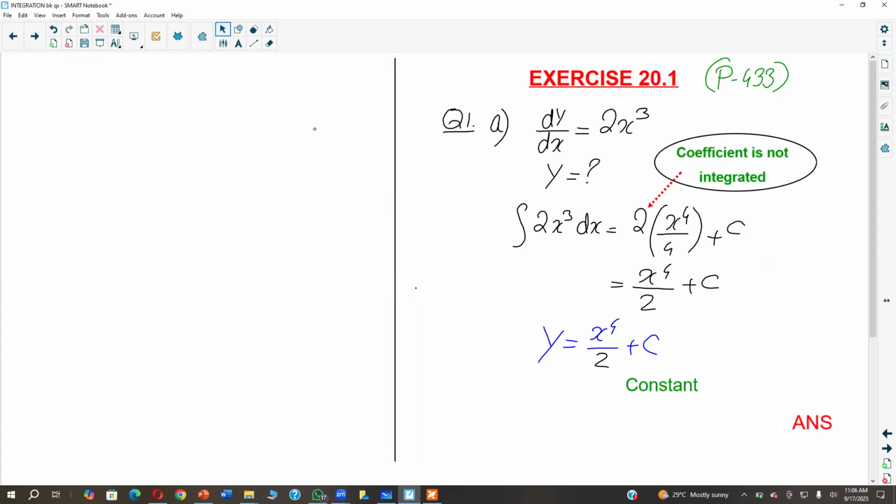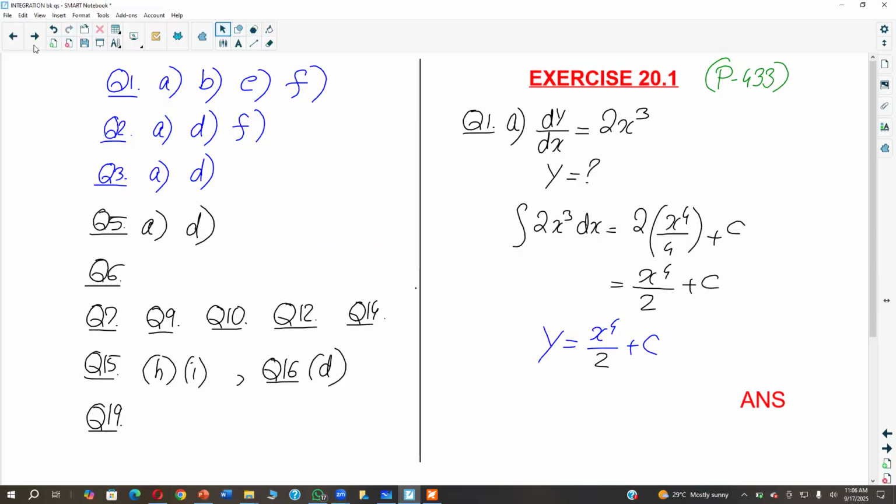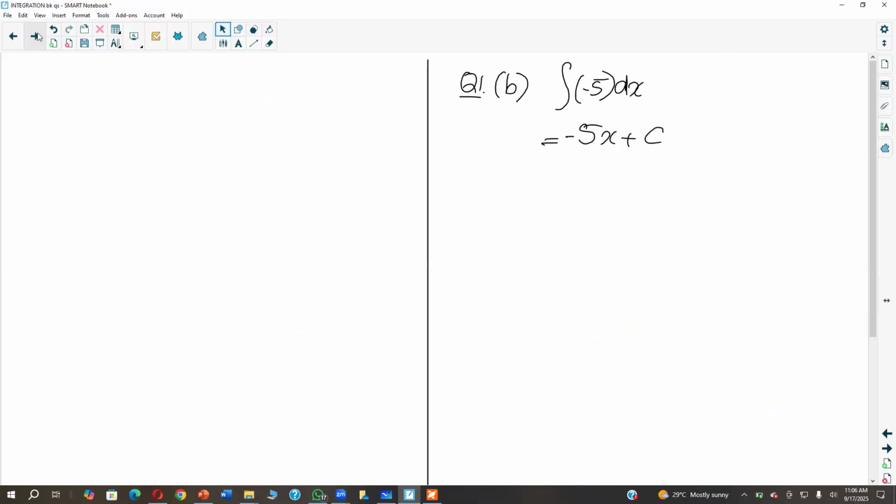Now look at this second example. It's minus 5 to be integrated.